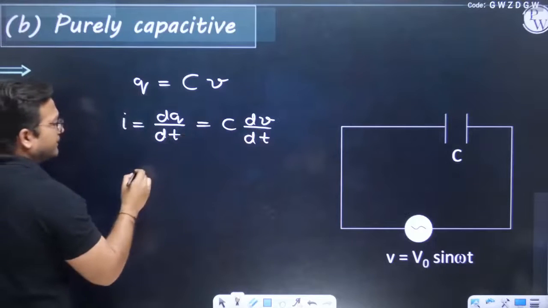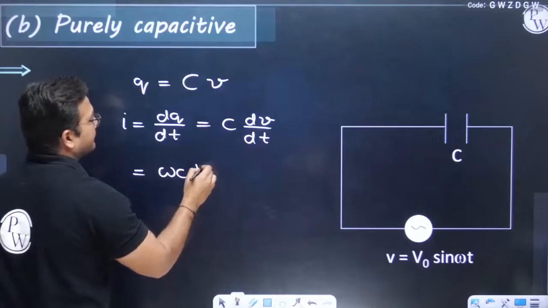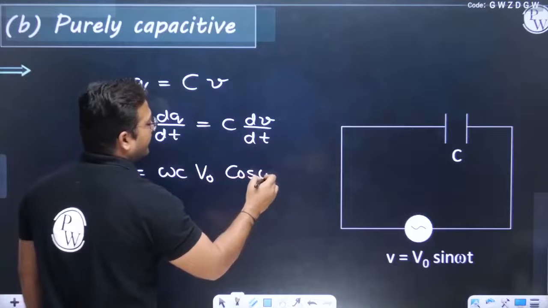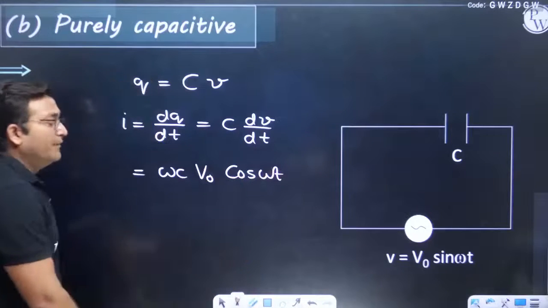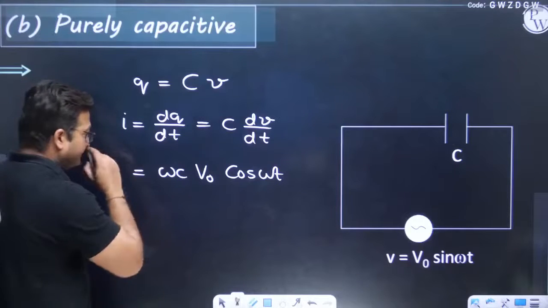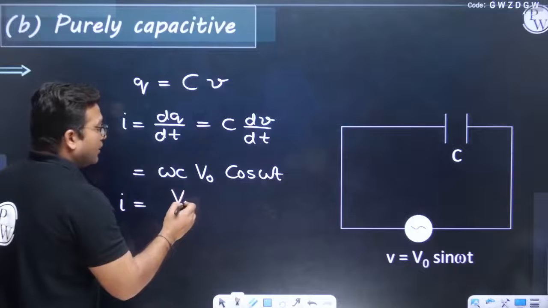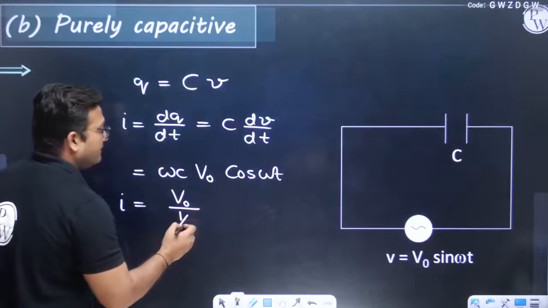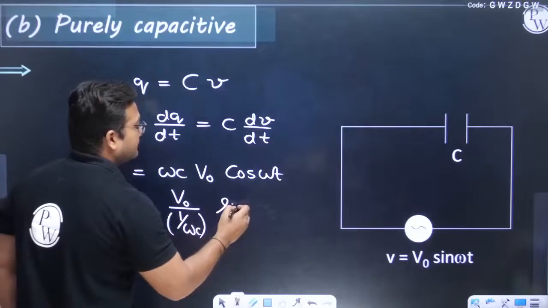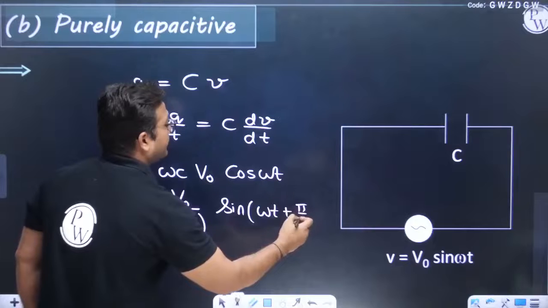If you differentiate the voltage, you would get omega C V naught cos omega t. This can be rewritten as V naught divided by 1 by omega C, and sine omega t plus pi by 2.